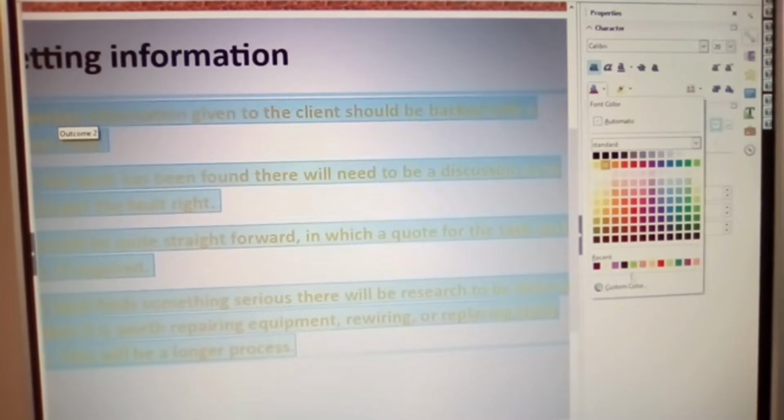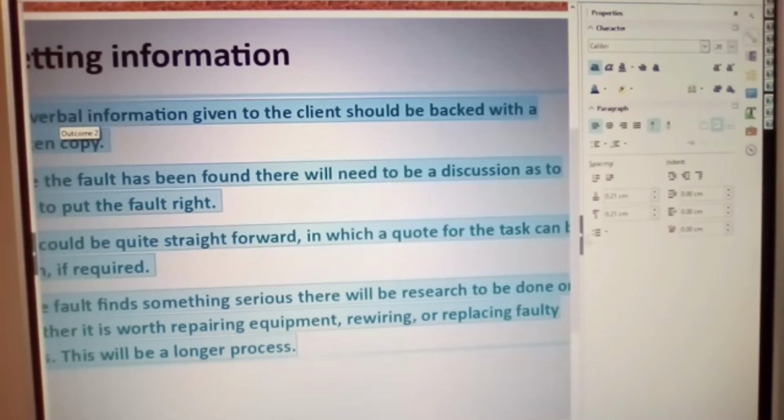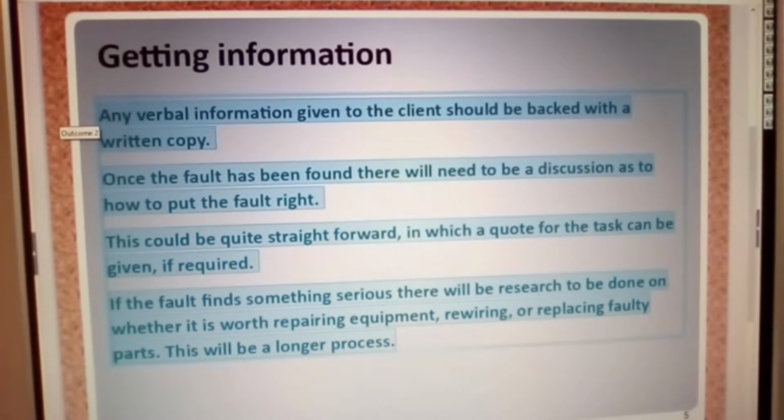Let's make that a little bit darker because I'm not happy with the color as it is at the moment. We can make it a dark teal. Okay, that's better. Excellent.